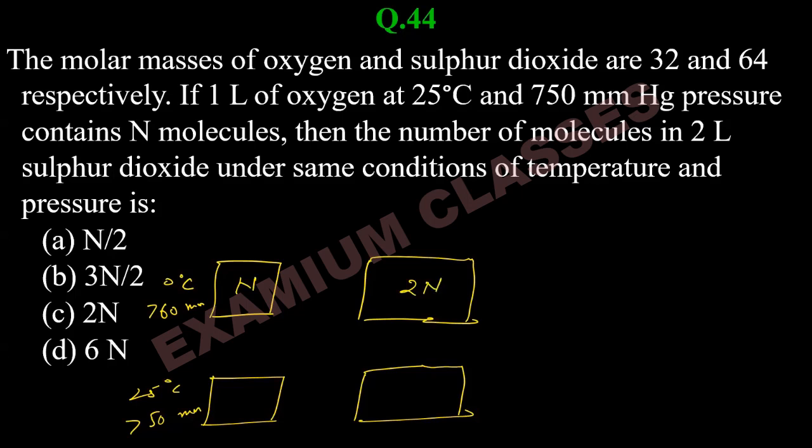Then if you increase the temperature of both or decrease the temperature of both, or increase the pressure, decrease the pressure, will the number of molecules change? These will remain the same. But you might say that this volume got changed.